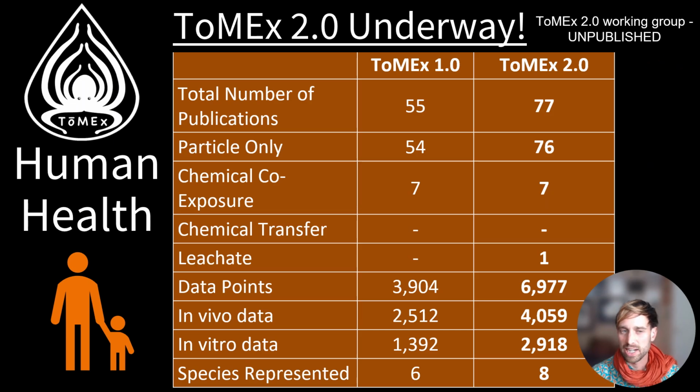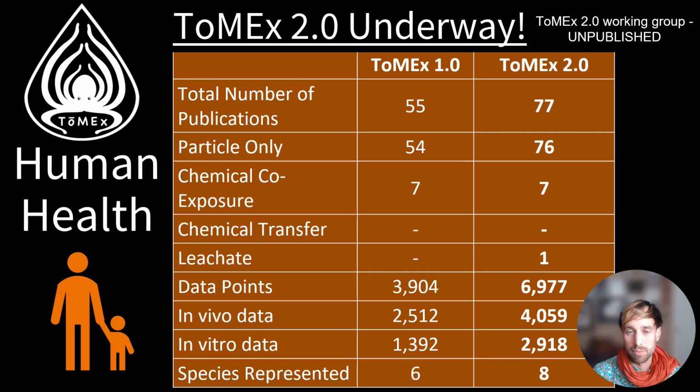In addition to being a data visualization and threshold development tool, ToMEx is also a living database of toxicity information for microplastics, to which anyone can upload published data that will then be reviewed by external reviewers.